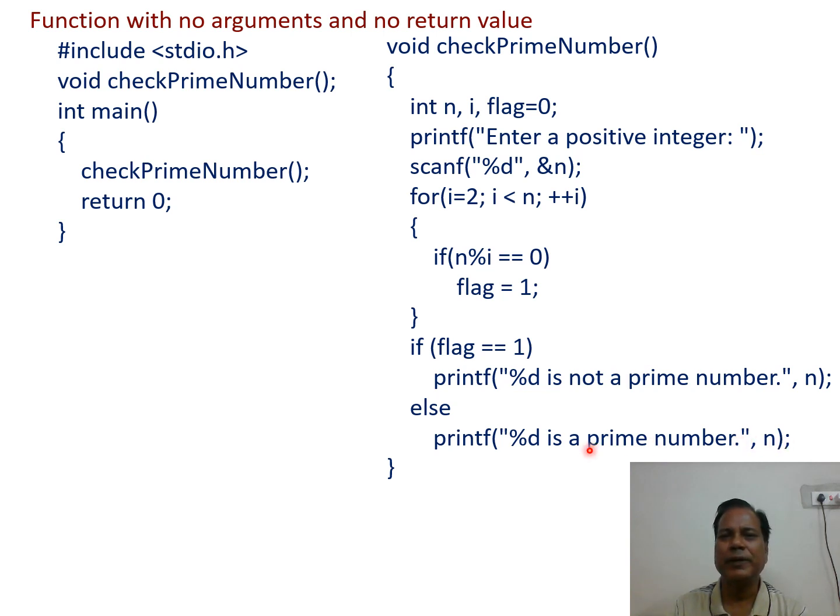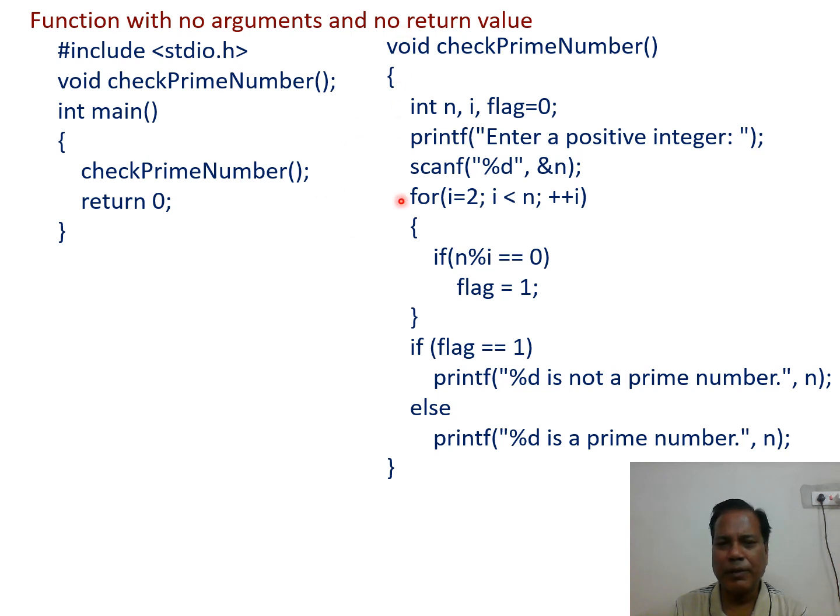In this way, we are seeing that while calling the function, this function does not have any argument list. So naturally, while calling the function, no value is passed to this function, and also while completing its task, the check prime number function is not returning anything to the calling function.